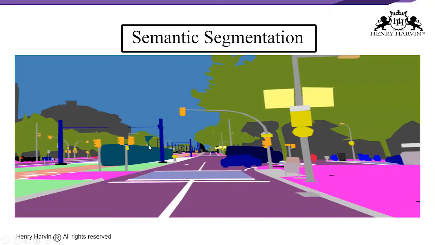Say, for example, it should identify where the posts are, where the traffic lamps are, or if there are any vehicles over there. So it is necessary to understand the environment so that self-driving cars can safely integrate into our existing roads.